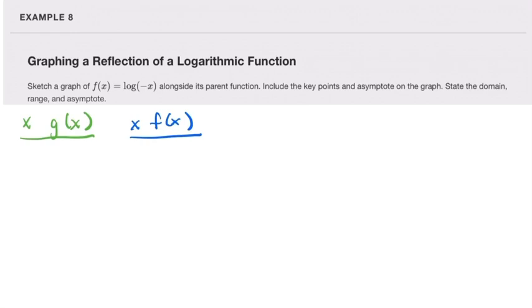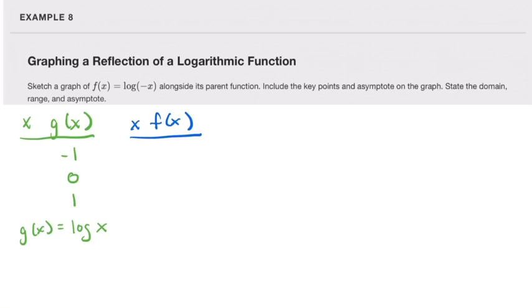I think it's something similar from before. So we're going to have a -1, 0, and a 1 here. It looks like our g of x, our base function, is going to be just the log of x.